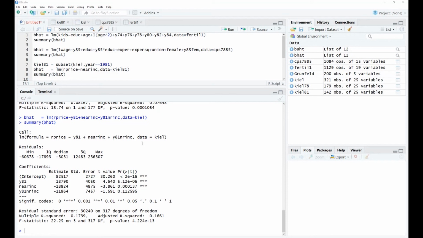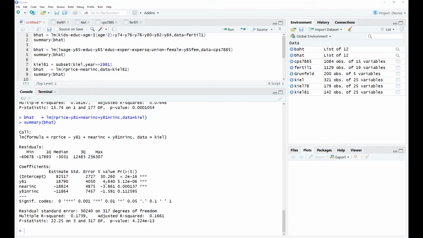Now, what you have run here is what is called a difference in difference estimator. Note that we have an intercept, 82,517, which is the average home value of homes not near the garbage incinerator. 18,790 is the average change in housing values for all homes between 1978 and 1981.